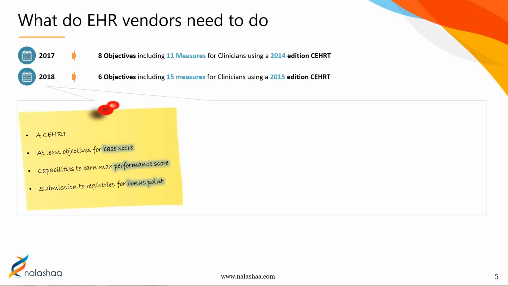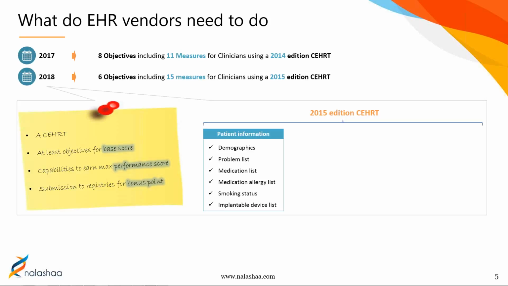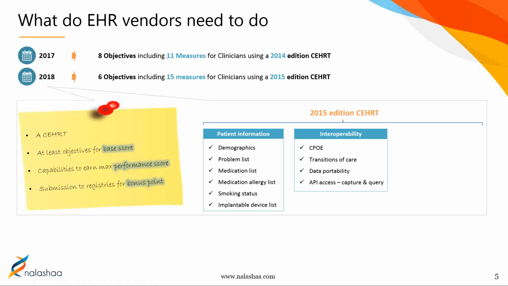Let us start with a certified EHR. So the certified EHR definition is our base EHR definition, what we actually had in the 2014 edition. It includes the patient information related elements, the interoperability related elements, and the intelligence related elements.